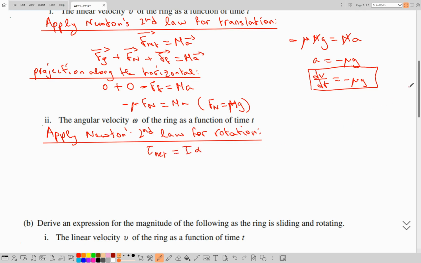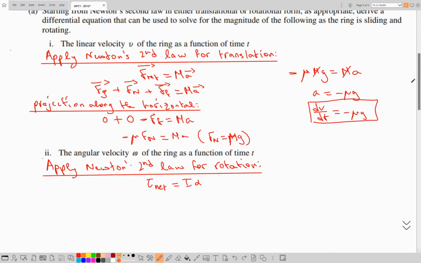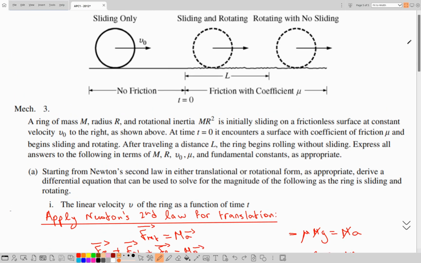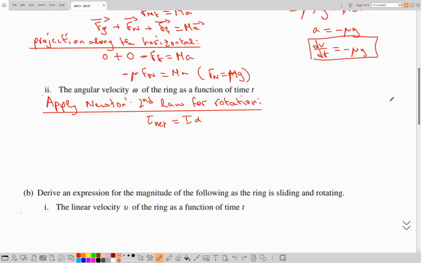And here let me state it carefully. First let me draw the ring here, then I'm going to erase it.